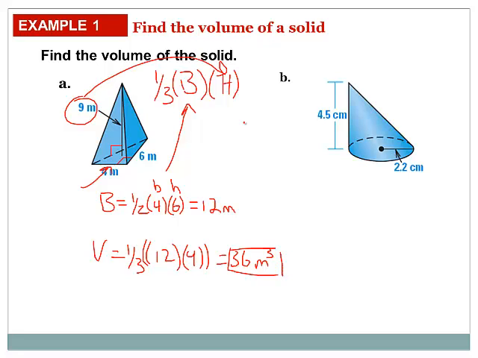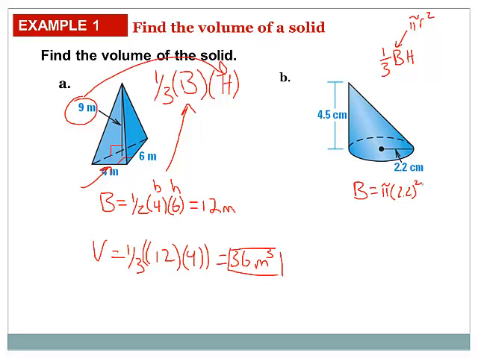The one on the right, same deal, 1/3 big B times big H. In this case, the big B is pi r squared, because it's a cone. So big B is going to be equal to pi times the radius, which is 2.2, quantity squared.